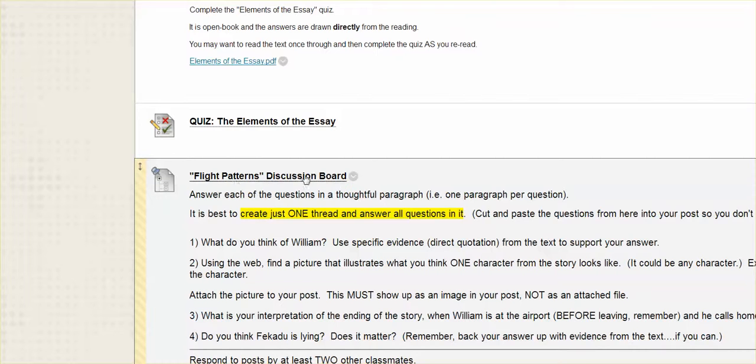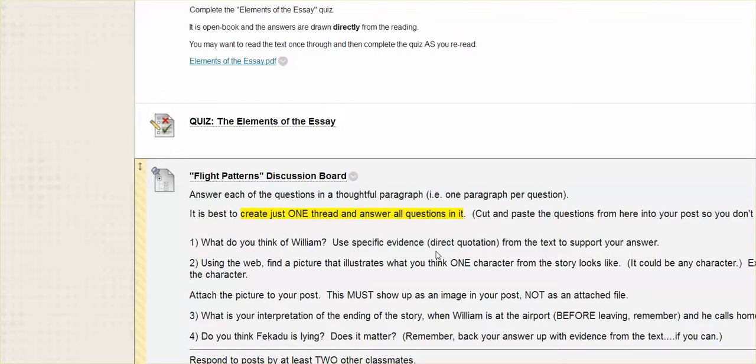And then we have in Unit 4, sort of continuing on from our literary reading from Unit 3, a Flight Patterns discussion board. Useful just to get you thinking, reading effectively, which is something, of course, that we want to do for all of the things that we read, so that when it comes time, again, to write that essay, we have lots of possible ideas.